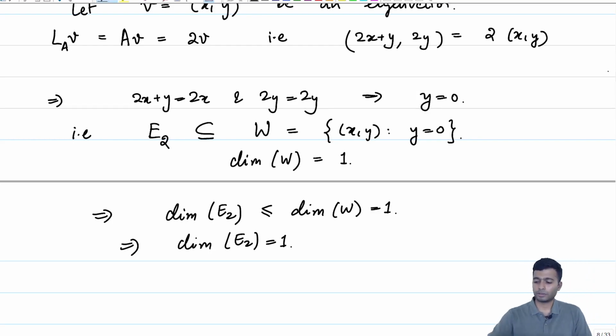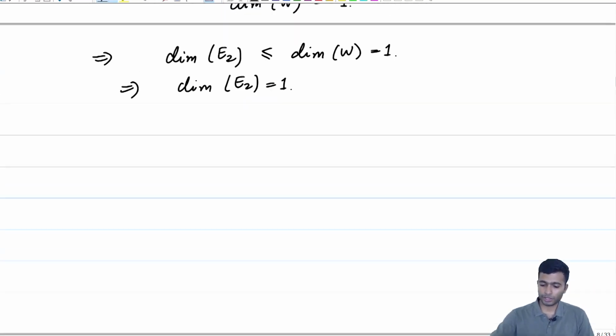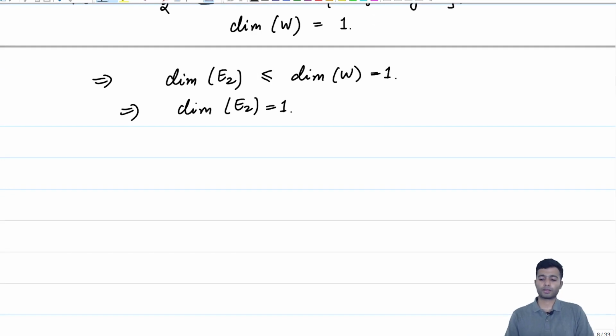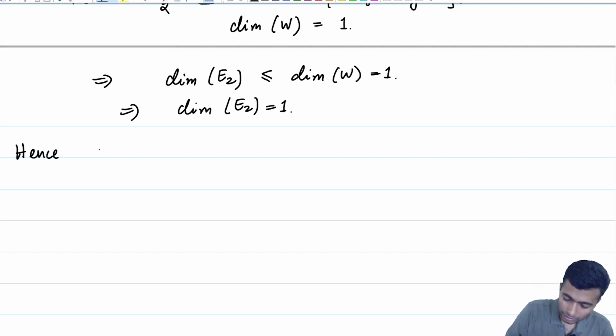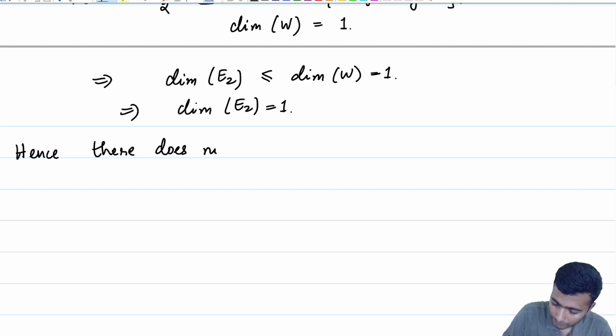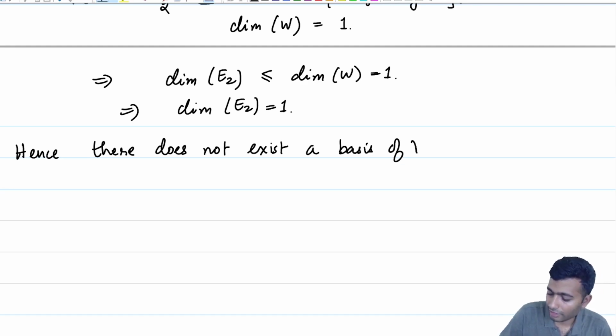right. So that means we cannot get two linearly independent vectors which have eigenvalue 2. And 2 is the only eigenvalue, and therefore there does not exist a basis of V consisting of eigenvectors.